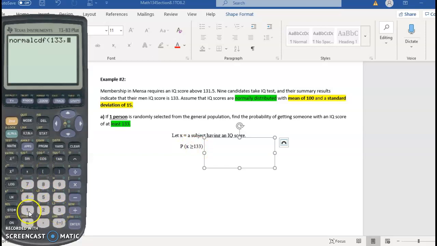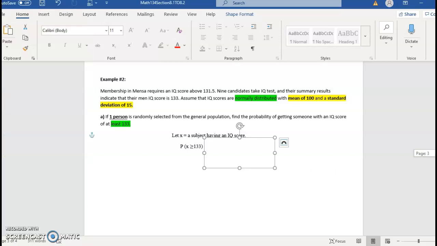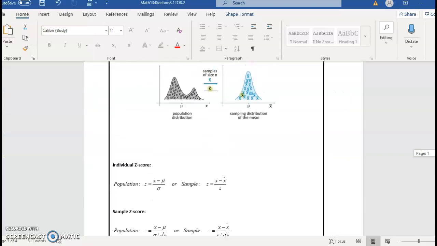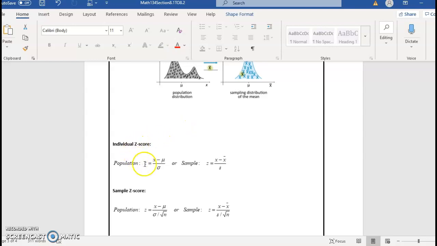Your upper bound is a very large value, with enough zeros, as long as it doesn't freeze the calculator. Then don't forget the mean of 100, and the last portion is the standard deviation. There's no adjustment on the value of 15 because the z-score is for a single individual, so you're still talking about one selection.